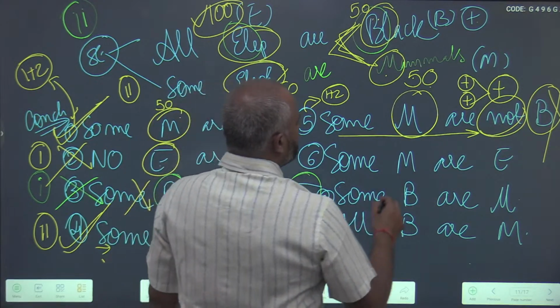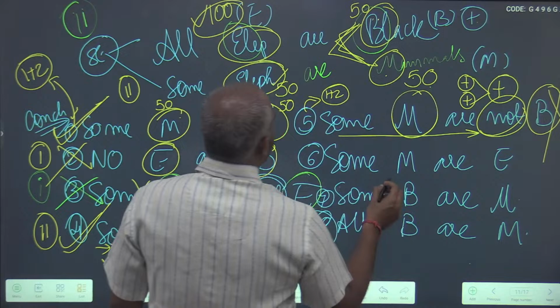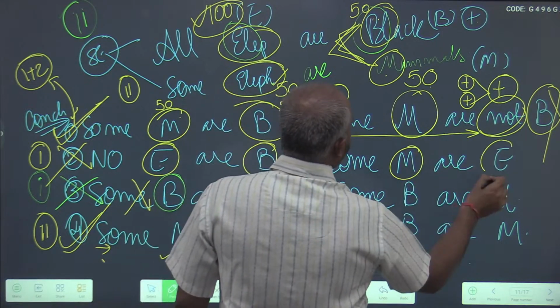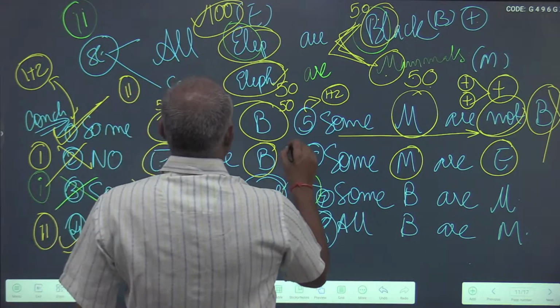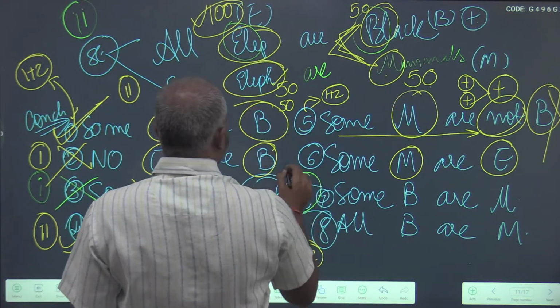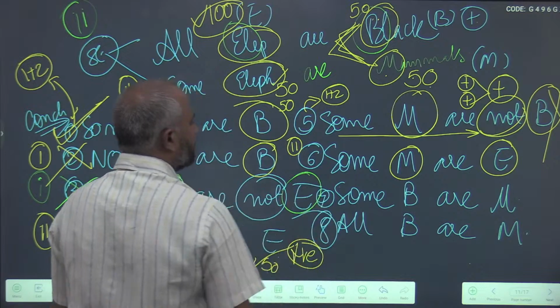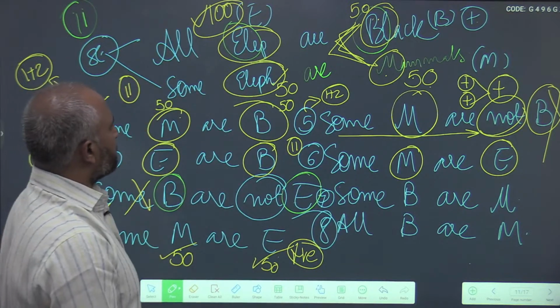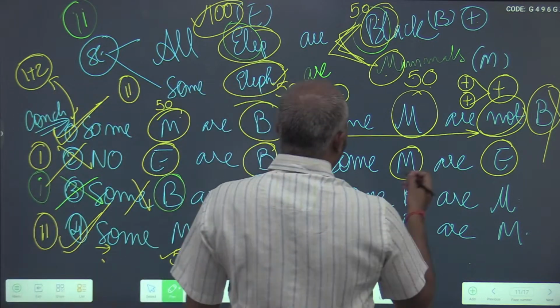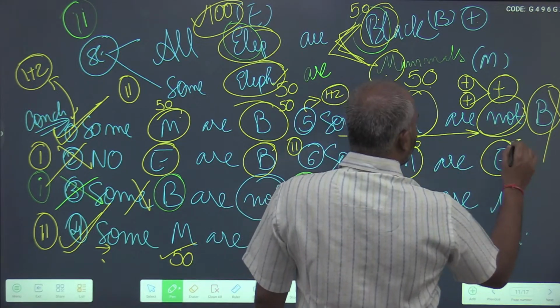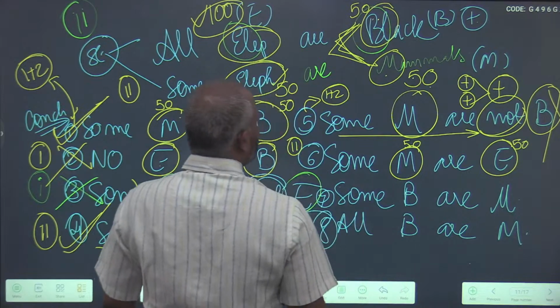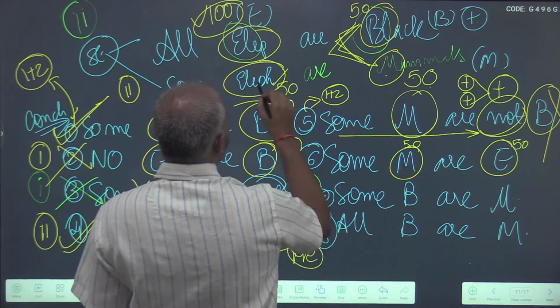Next, some M are E. So I am connecting M and E. They are related in the second statement. Now code 6. This is 50 and this is 50. So 50 can become 50, 50 can become 50.